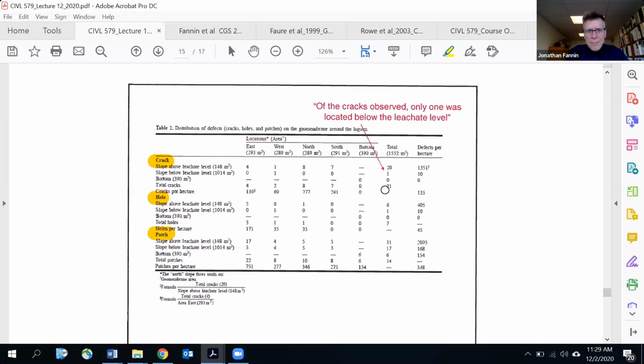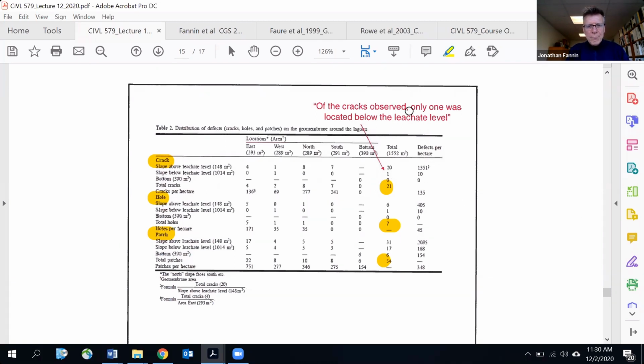If you add up the 21 cracks that they observed, the 7 holes they observed, and the 54 patches that were in there, you end up with a total number of defects, and you can look at it in terms of defects per hectare or defects per square meter.